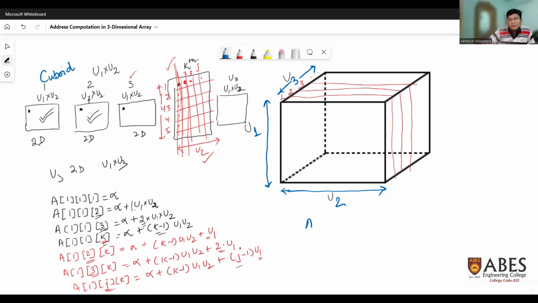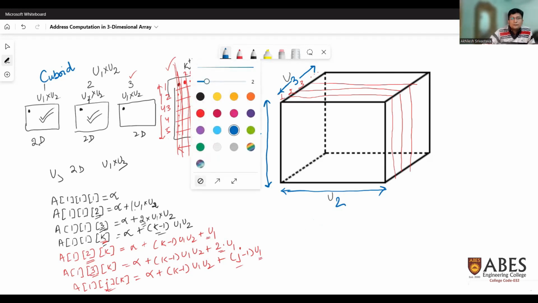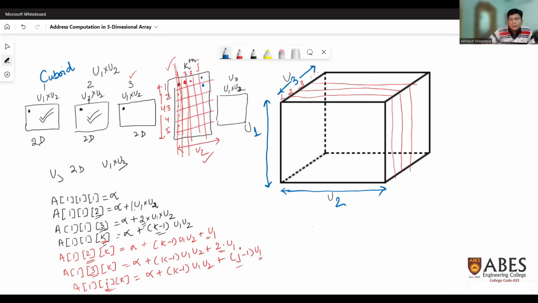Now, if I'm referring to an element in the jth column, I have already referred to the first element. Let's refer to this element. This element will be a, 2, j, k. So the address of this element will be 1 higher than this address.